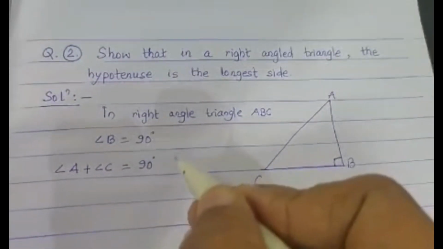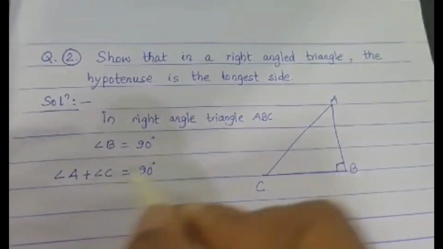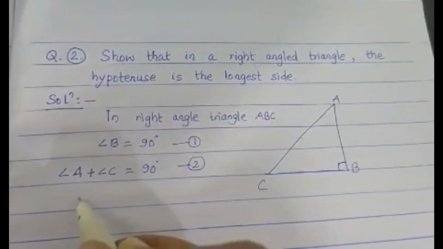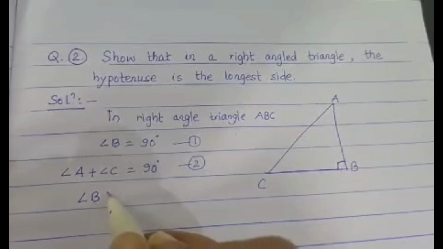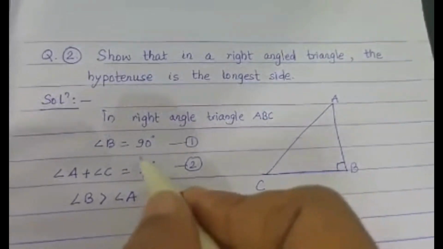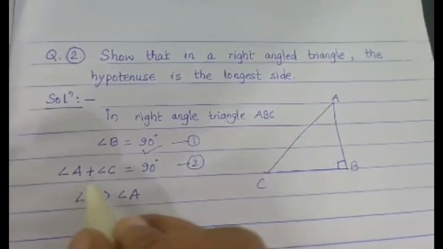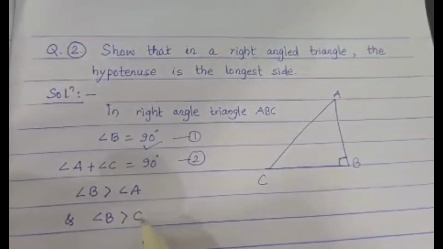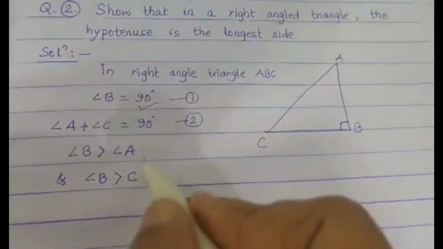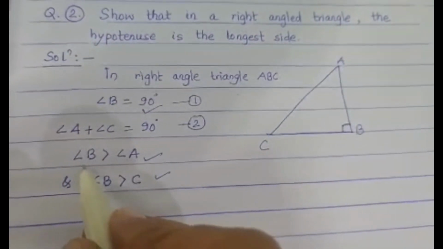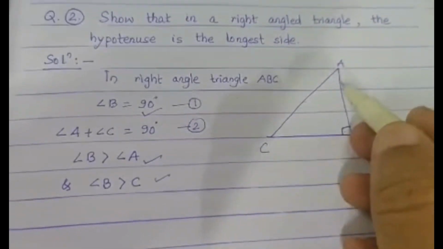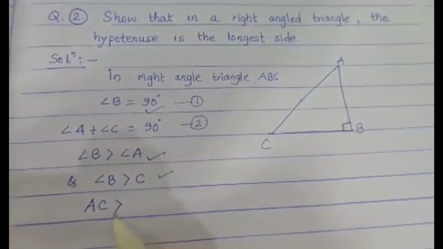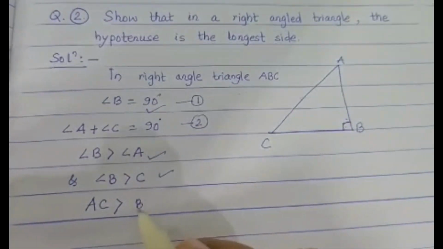Now from these two equations we can draw the inference that angle B is greater than angle A, because angle B is 90 and these two add up to 90, so angle B is always greater than angle A, and angle B is always greater than angle C also. Angle B is greater than angle A means the opposite side AC is greater than BC.